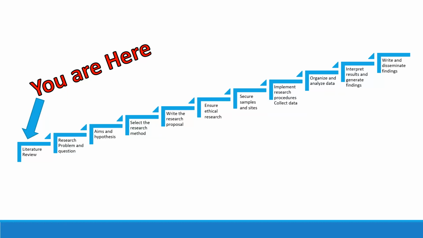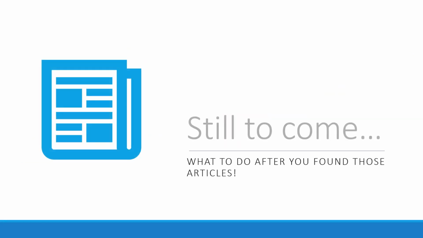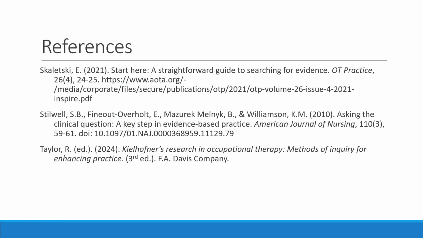Also 6, ensure ethical research. The last steps don't occur until you get into your second and third years of OT school. So we're just early in the process, but it's a very important step. We have to find out what has been done to make sure that we're doing something unique and useful for the profession. Still to come, what are we going to do after we found those articles?